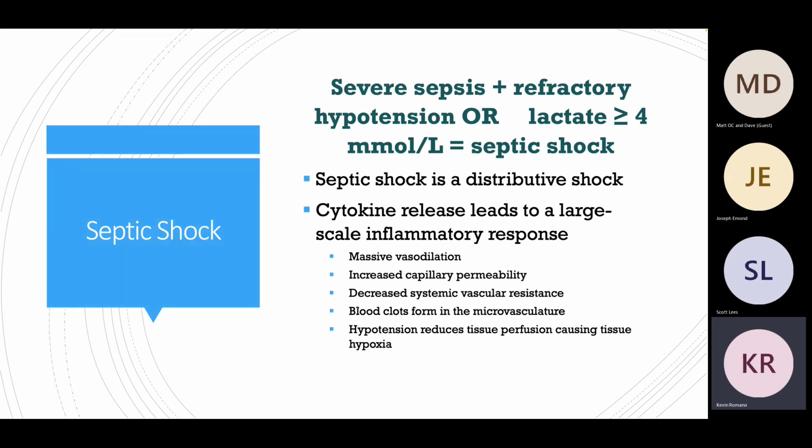That's when you start seeing that leaking out. Decreased systemic vascular resistance, blood clots start forming in microvasculature, that's more of your DIC, and then your hypotension reduces tissue perfusion, causing tissue hypoxia. These patients that are in septic shock need pressors, okay? They need Levophed. Levophed is the pressor of choice for these patients.